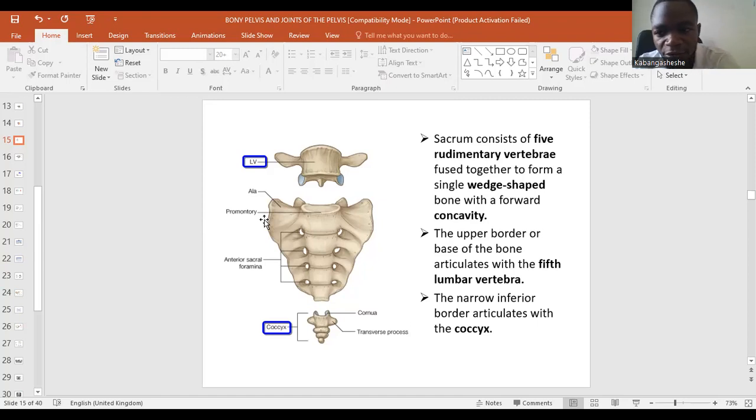So the sacroiliac joint is a slightly mobile joint. So there's some bit of movement. But when we age, 60 towards 70, that mobility is restricted. And therefore, if you observe the elderly, the way they move, the pelvis is stiff, okay? Because that joint, the sacroiliac joint, begins to fuse and harden.